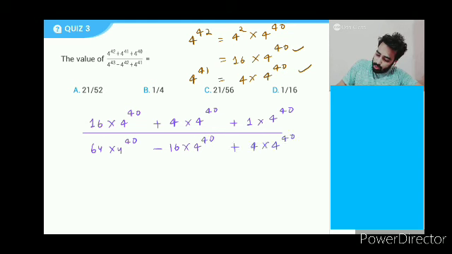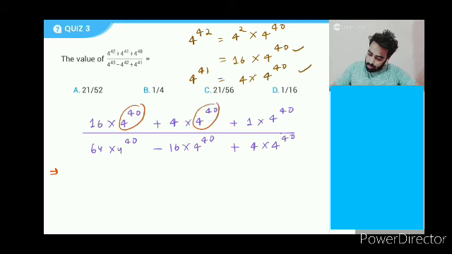How many of you are able to understand this step? Whatever expressions I have written, how many of you have understood it? What I have done is I took common 4 power 40 in all of them.